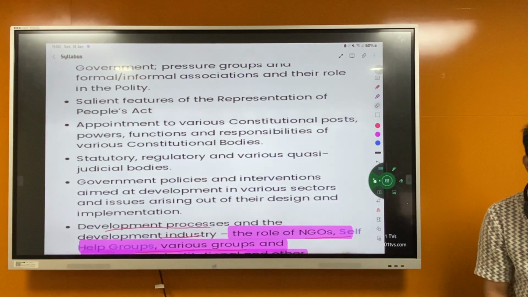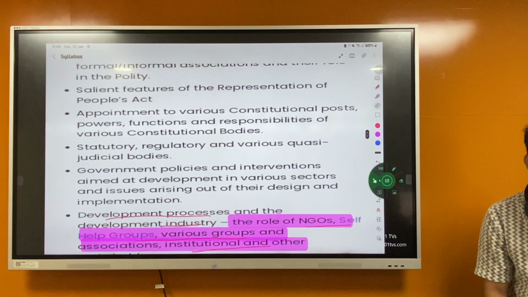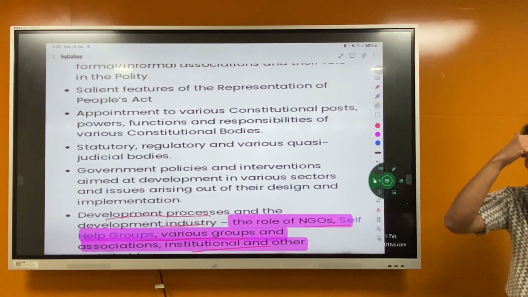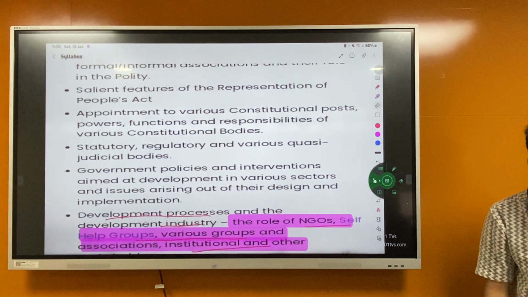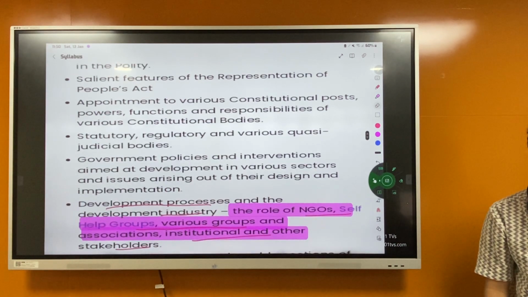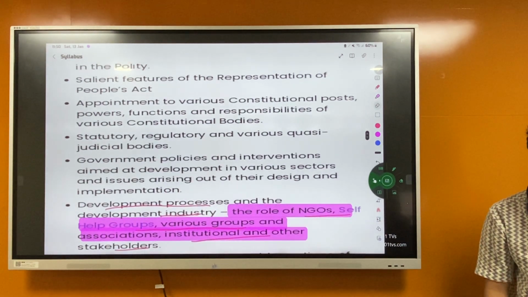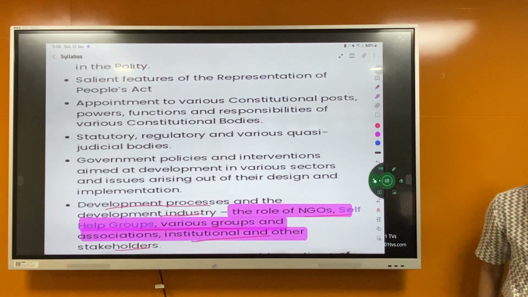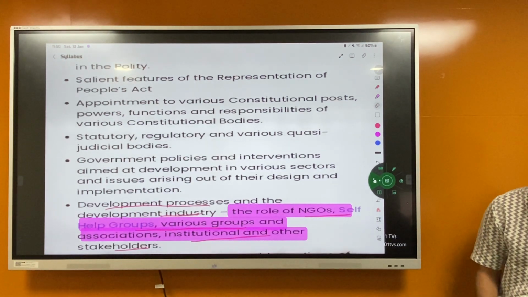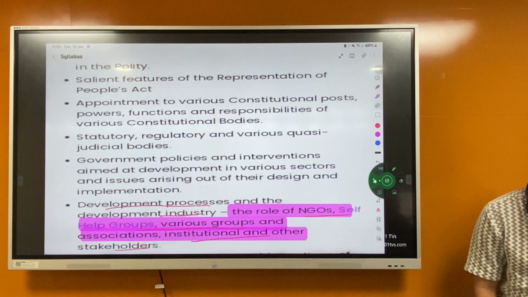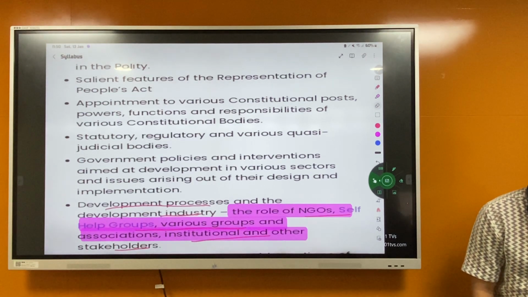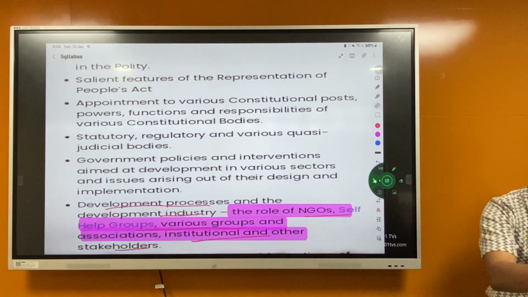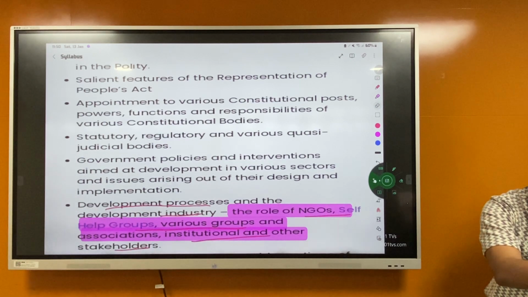Which article? All India Services, 311(12). The Rajya Sabha has the power. And constitutional bodies, can you name any? Okay, it's not a body. Like CEC, UPSC himself.